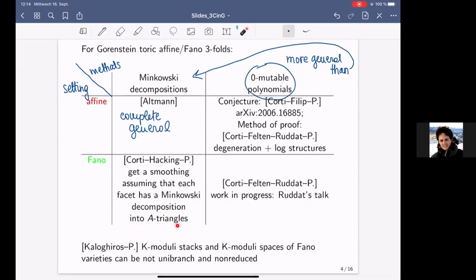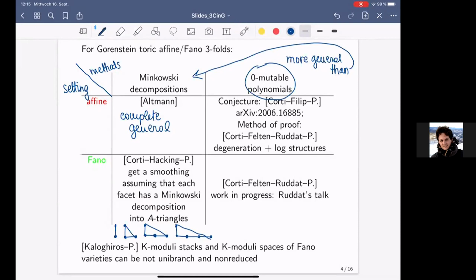So they are A triangles. And here by A triangles, I mean either a unit segment or a triangle like this or a triangle like this. And then I always increase the lattice length of one edge, but the other lengths are still one.